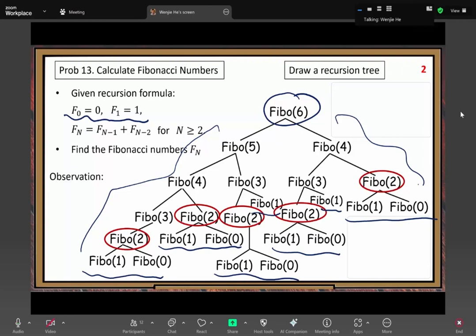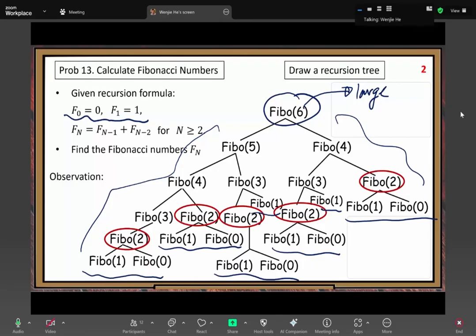Here you just see a small example. You can imagine when this input number is large, how much redundancy you may have in your implementation. A huge amount of redundancy.